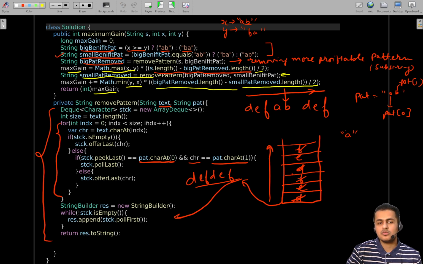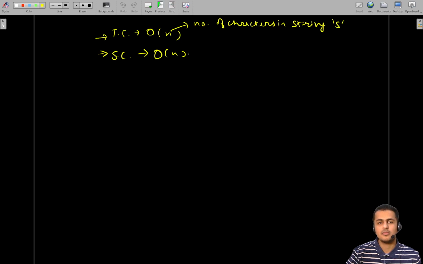Once it was used as a stack, then it was used as a queue. The time complexity is because of traversal of characters one by one. Two times we are traversing the whole string, or the modified string also, and the deque, or this stack, is holding characters, so that's why order of n will be the space and time complexities.